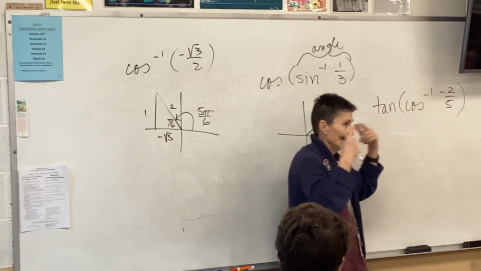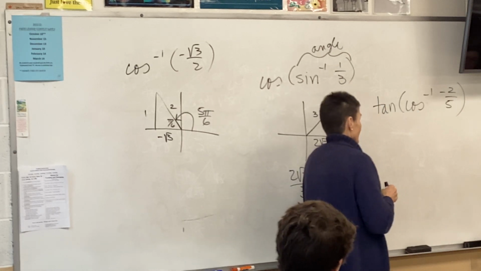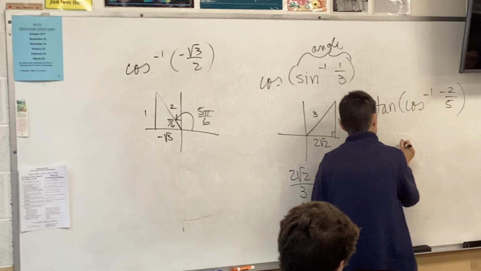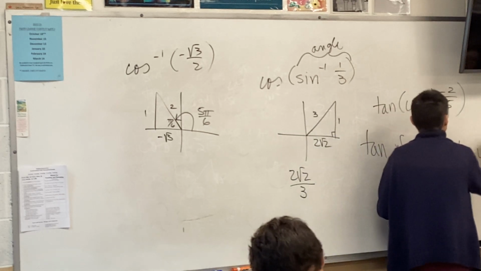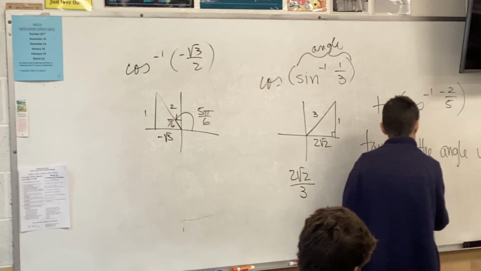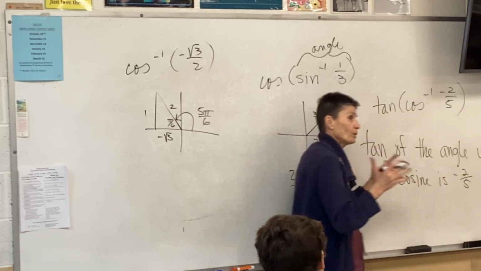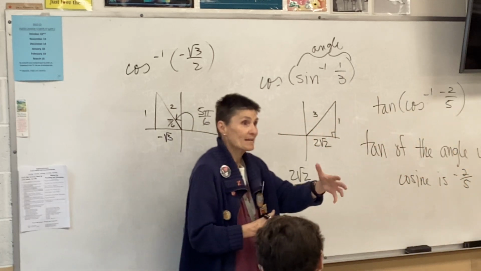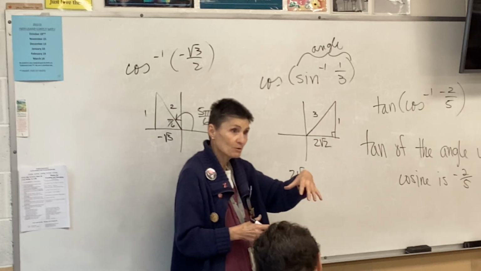What does this problem mean, Sammy? The tangent of the inverse cosine of -2/5. Tangent of the angle, which is inverse cosine, whose cosine is -2/5. That's what we're gonna do. We're gonna find a tangent of an angle whose cosine is -2/5.